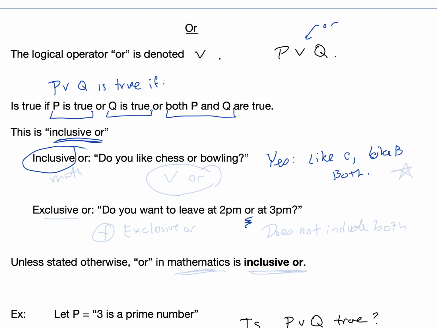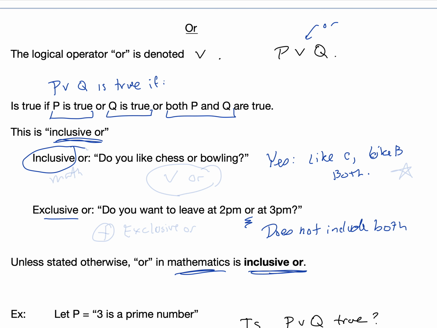And so in this case, this exclusive or does not include both. So in English, the word or is not very precise, but in mathematics, we're basically always talking about inclusive or.